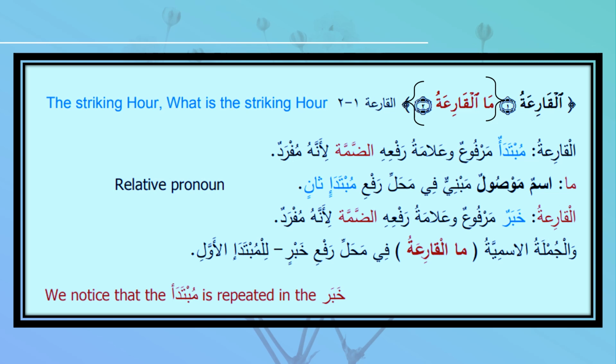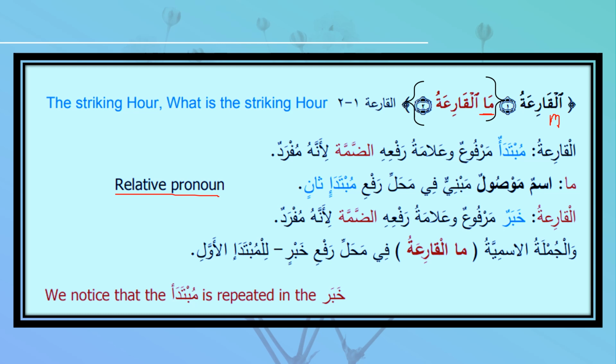Now, this is another example of a jumla ismiya coming as a khabar for the mubtada. This is from Surah Qari'ah, the first two ayahs. Al-Qari'ah, it's the mubtada. Mal-Qari'ah. So this ma, as you know, there are 4 types of ma. Here this ma is not a questioning tool, but is coming as ism mawsul, the relative pronoun.